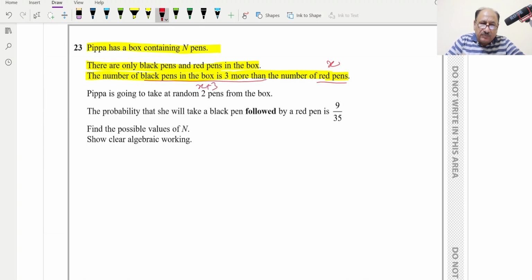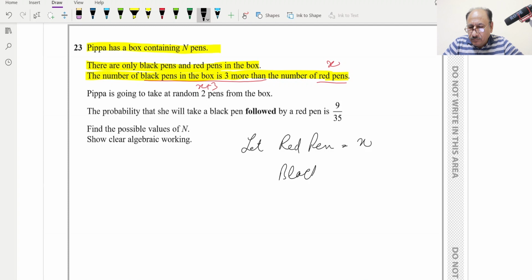We can mention also over here, let the number of red pens be equal to X, and black pens equal to X plus 3.